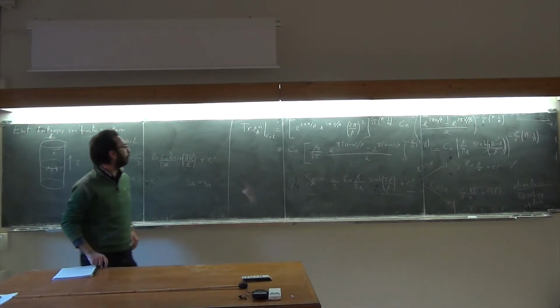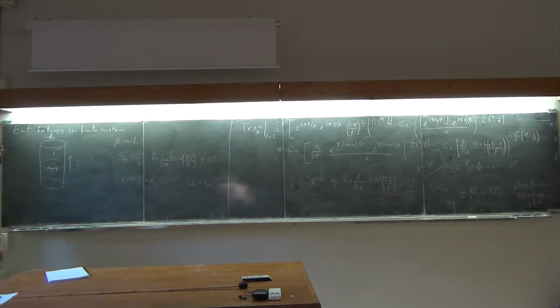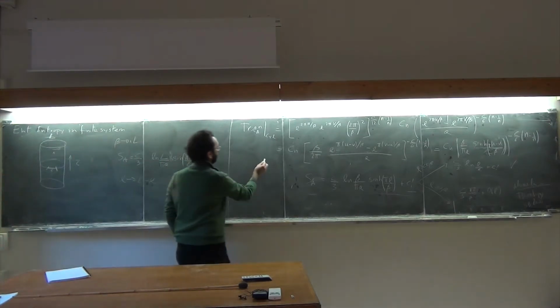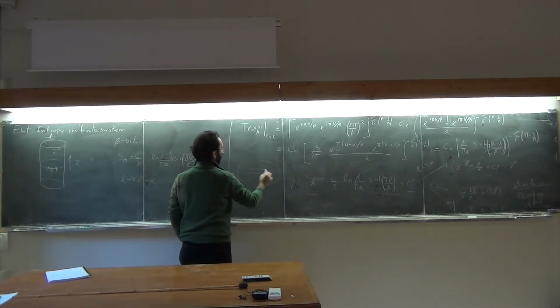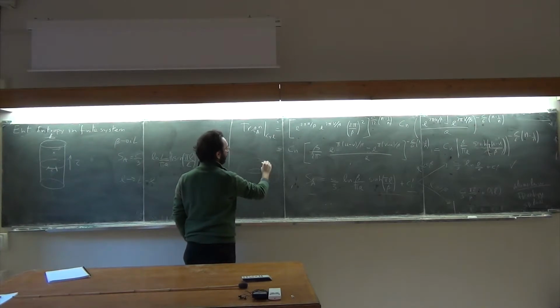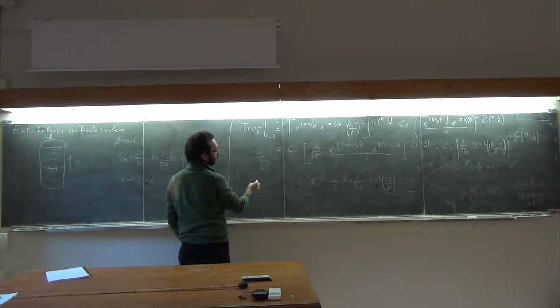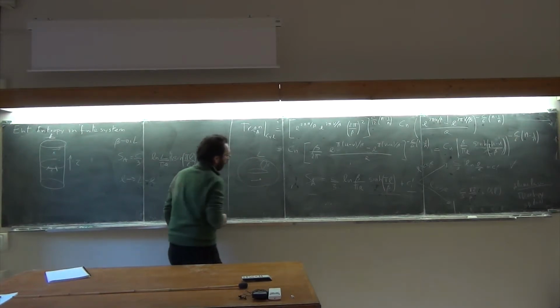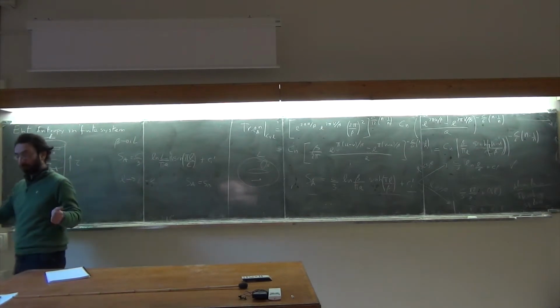Just for curiosity, you could wonder what happens if I have both finite size and finite temperature. In this case, you end up on a torus. For example, this circle represents beta, the big one represents L, and we are interested in the entanglement between two points.